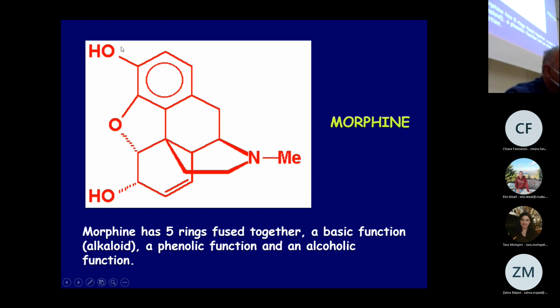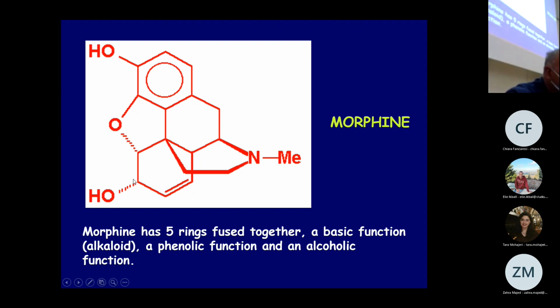You see this OH is on an aromatic ring, so it is a phenolic function. Ring B, aliphatic. Ring C, another aliphatic with one double bond.